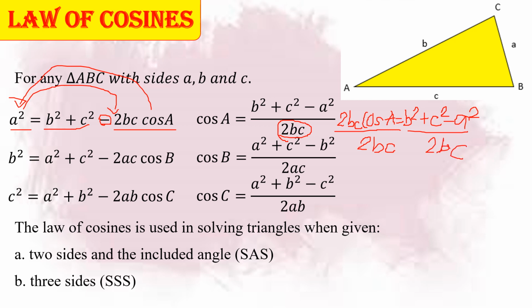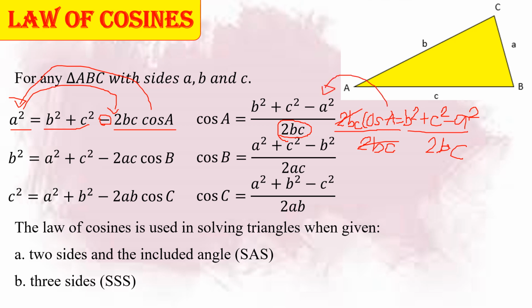So, makakancel out itong si 2BC, at saka cancel out din si 2BC. So, ang natira is cosine A is equal to B squared plus C squared minus A squared over 2BC. Ganyan kung paano nangyari to.